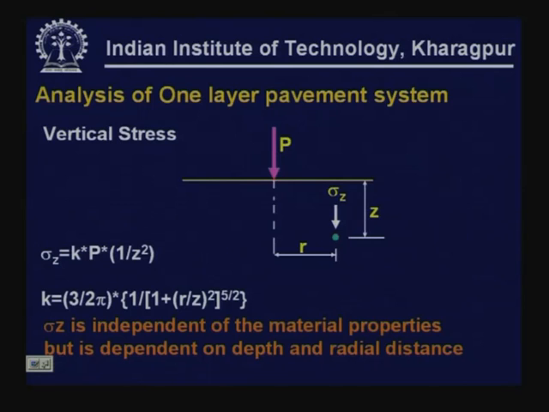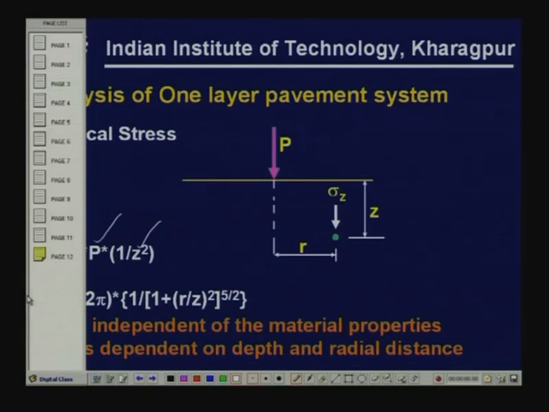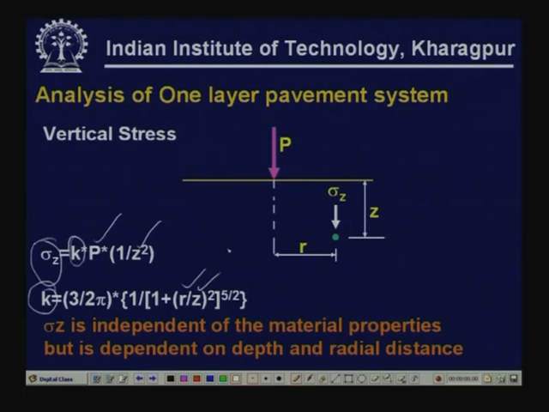So, for this system, vertical stress at any given location, that is at a given radial distance from the load and at a given depth from the pavement surface, can be given by this expression: vertical stress as a function of load applied and the depth at which the element is located, multiplied by a constant k, where k is a function of the location of the point in the pavement system.